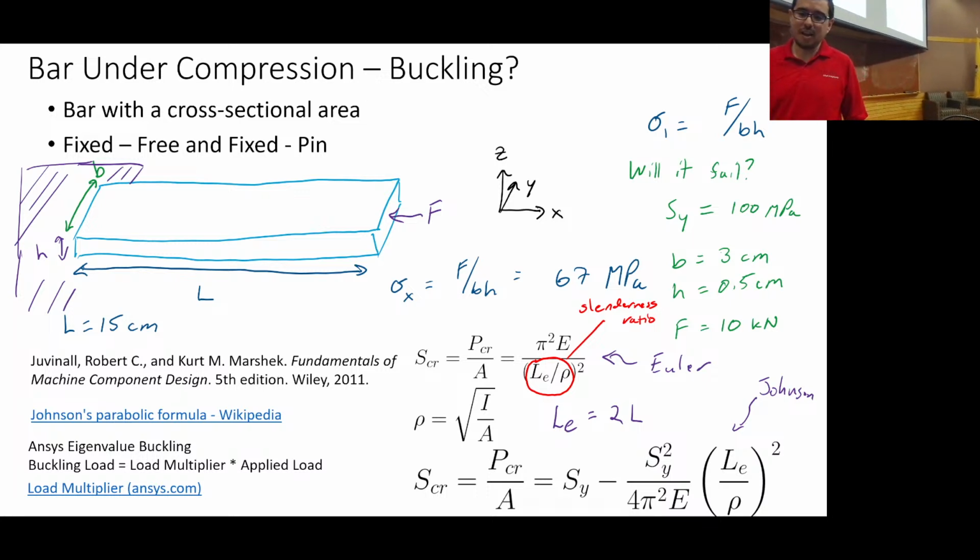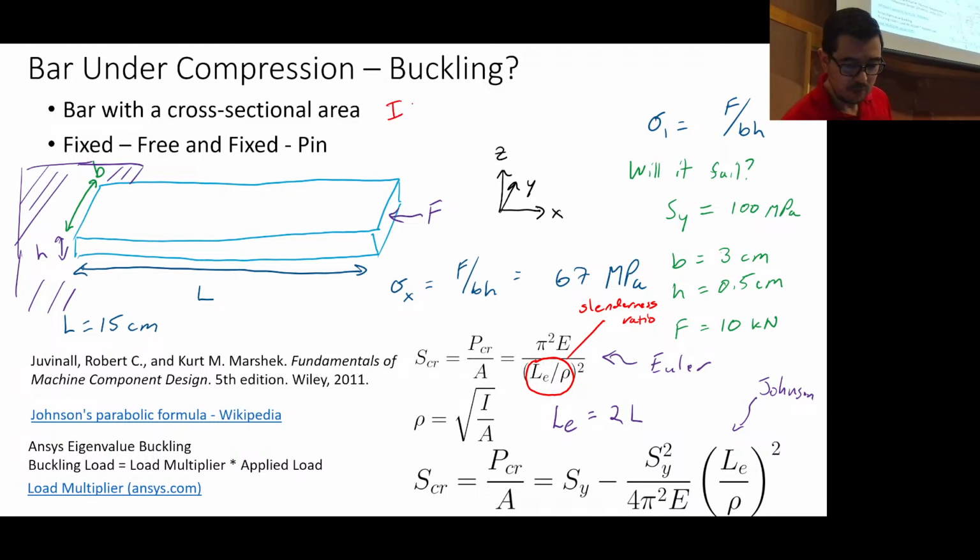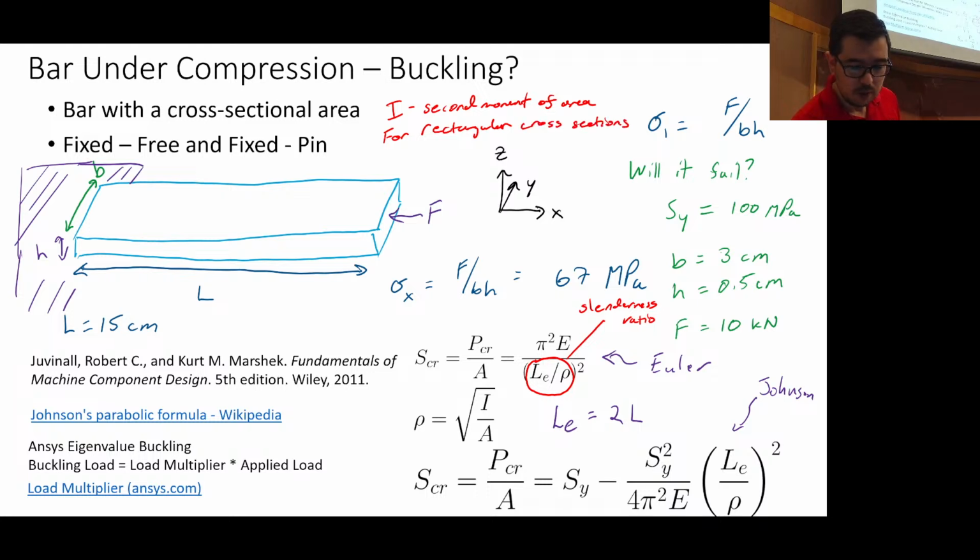So I, the second moment of area for rectangular cross-sections, and this is assuming that this is the H, and this is the B.